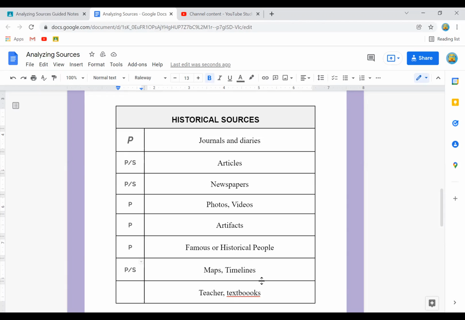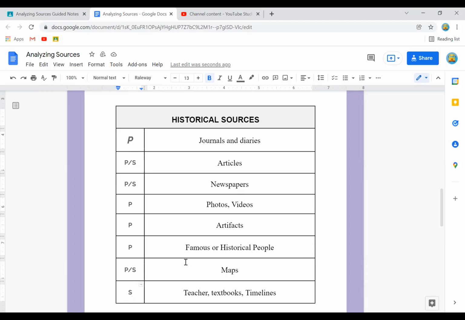Timelines are usually in textbooks. Let's just move that down there. Someone asked, what kind of source are you? I'm a secondary source. I mean, unless I was talking about historical events I have been around for. I'm not that old, but some more recent ones.